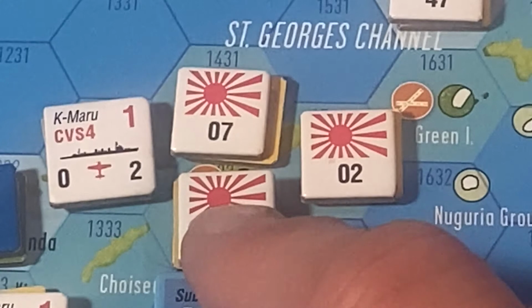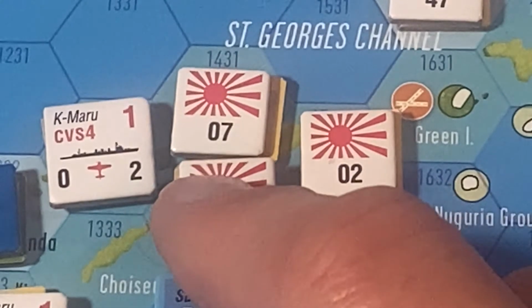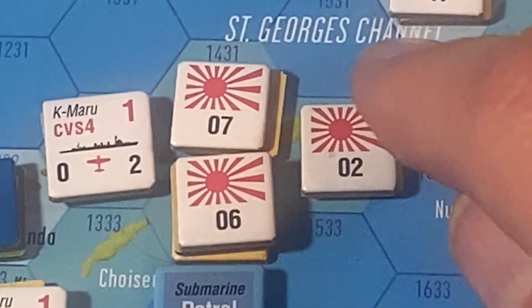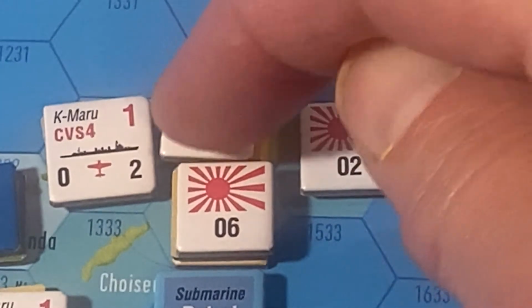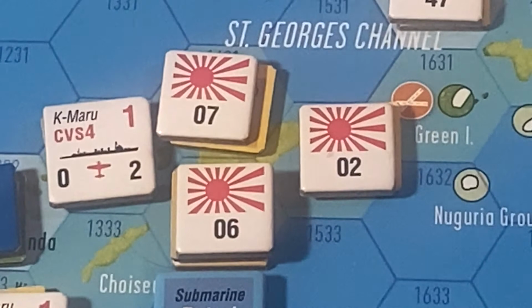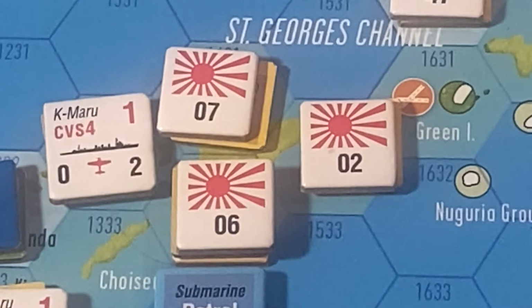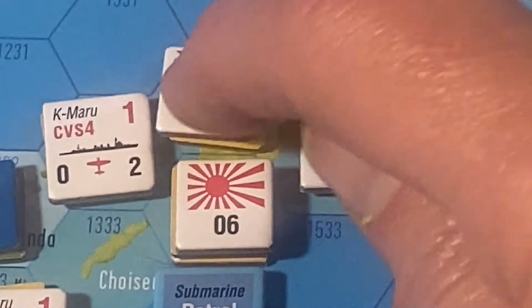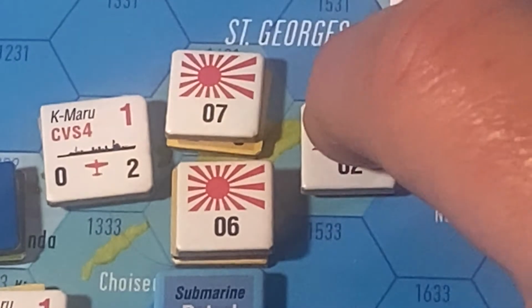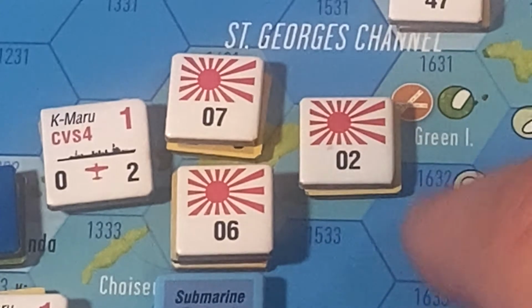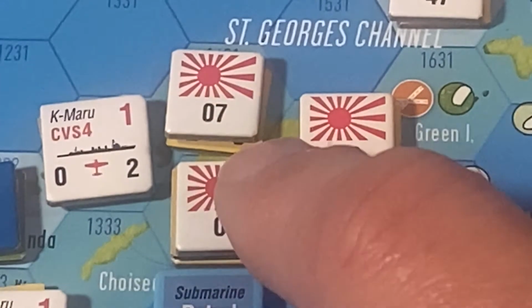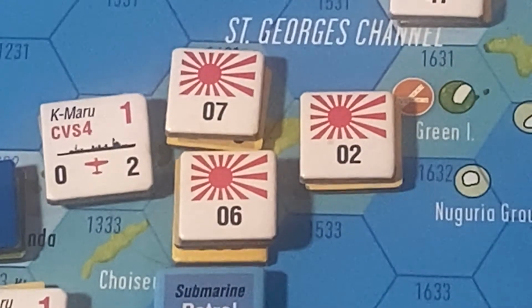There's a division on this island with some steps missing. This has a brigade, and this has a regiment with a Marine battalion. So this would be the weakest as of right now. This is the next up, and then this one is the strongest.